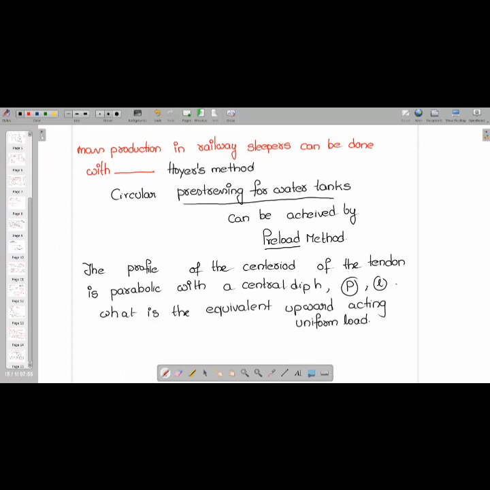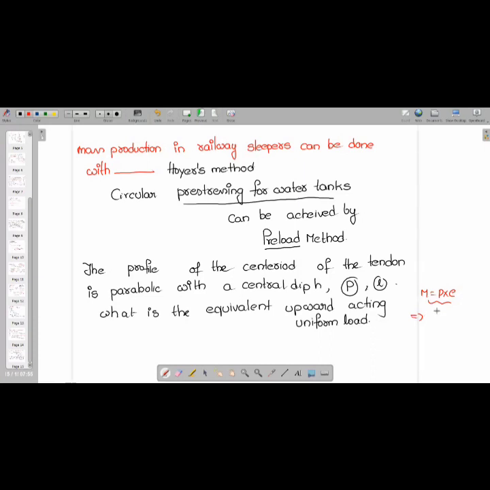See here. Actually, if you see the concept, it is simple. You know already, moment is given as load into eccentricity. This is due to the pre-stressing force. And moment due to load is given by what, sir?